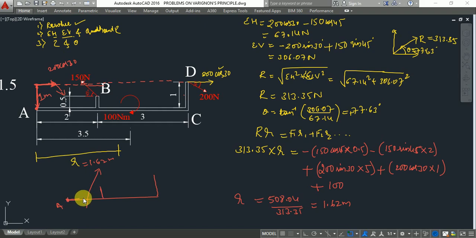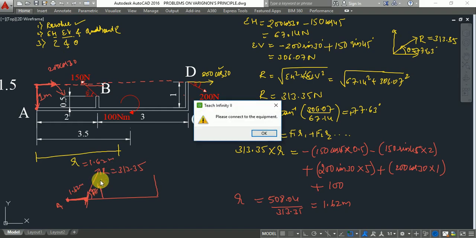From here to here, the perpendicular distance is 1.62 meter, and this is making an angle of 77.63 degrees. This is the position where the resultant is acting, and the magnitude of this resultant is 313.35.